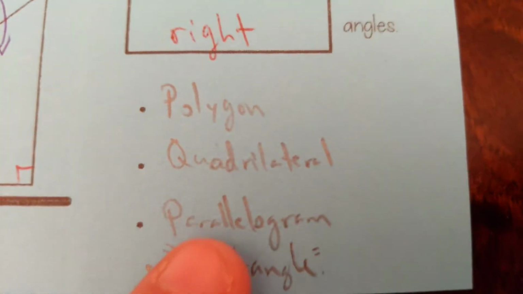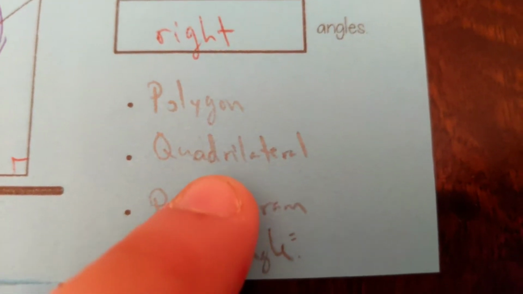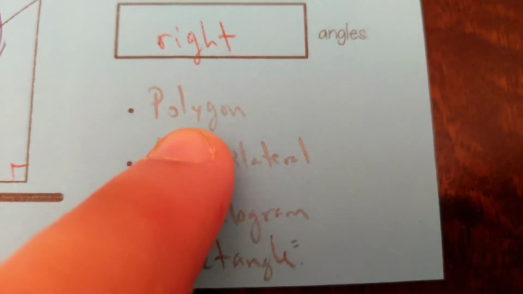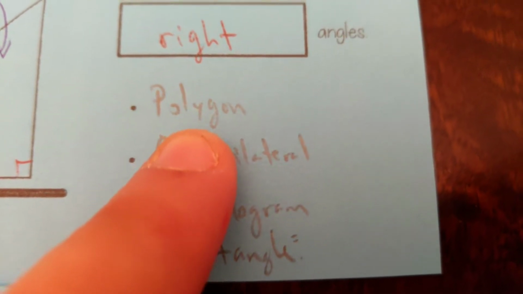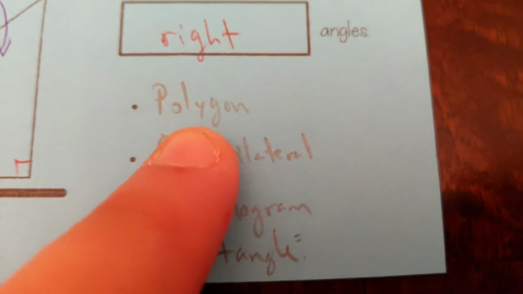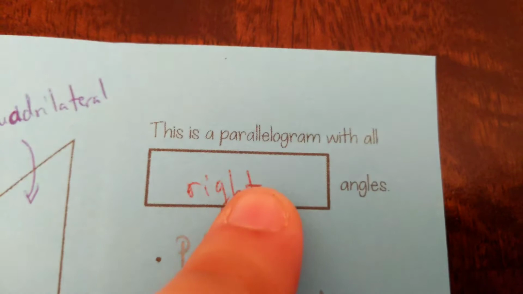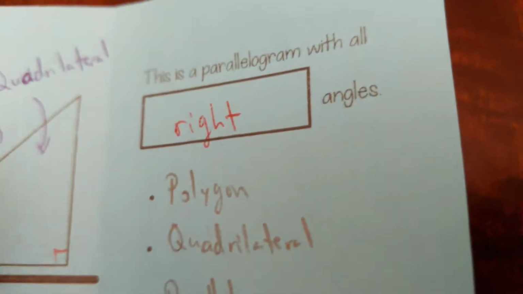So let's talk about parallelogram, because we talked about quadrilateral already, and a polygon we know is just a closed shape with 3 or more sides. And a rectangle has all right angles, right? It's just a parallelogram.